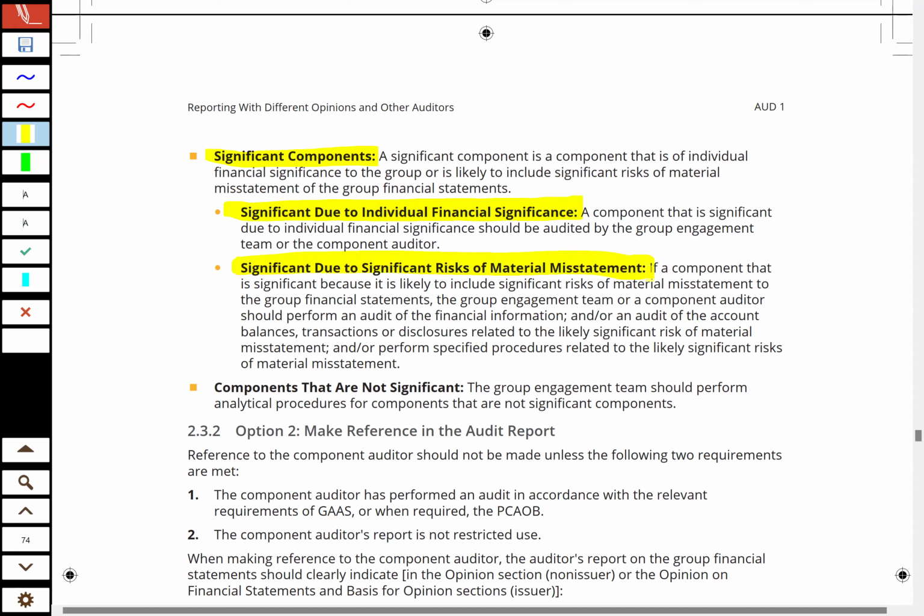Now, we haven't talked about the risk of material misstatement yet, but if you have a more risky component, where there'll be something wrong with the financial statements, you're going to want to do what? Direct more attention to those. Or if significance due to financial significance, that's the same as saying what? They are material.